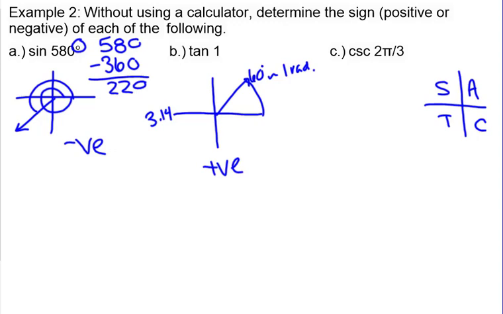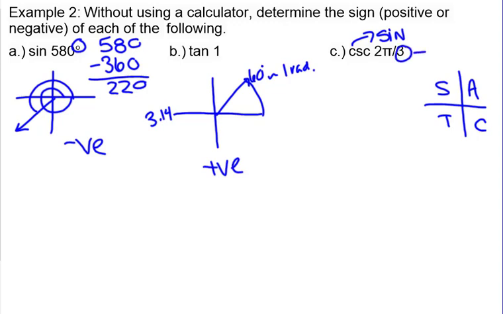We then have cosecant of 2 pi over 3. A couple things to think about. Cosecant is the reciprocal of our sine, so we're going to use our sine values. They're positive in quadrant 1 and quadrant 2. Then we look at 2 pi over 3.